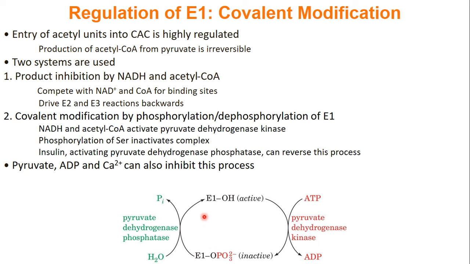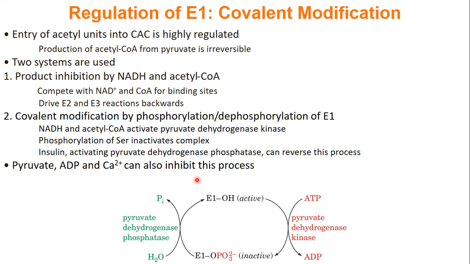However, it is actually possible to reverse this. If you have insulin, insulin will turn on pyruvate dehydrogenase phosphatase, over here. That's what insulin turns on, and that will dephosphorylate our enzyme and have it start working again.